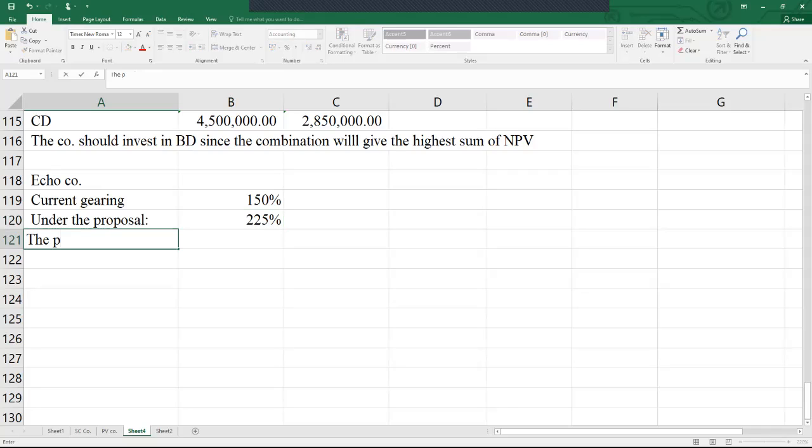Proposal C will result in an increase in the company gearing from 150%.